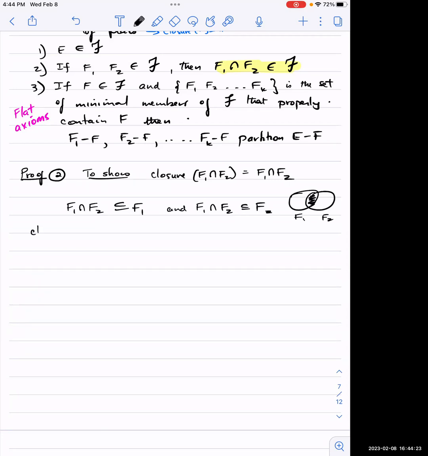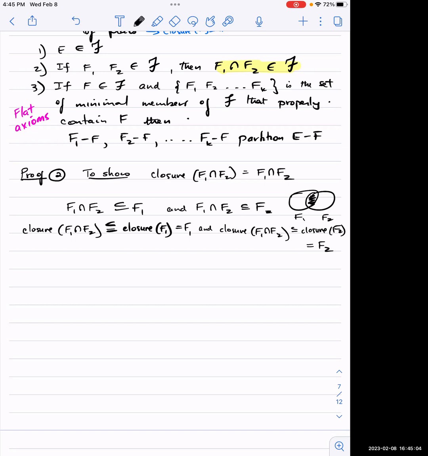So closure of F1 intersection F2 will be contained in the closure of F1. And what would be the closure of F1? It's a flat, so its closure would be F1 itself, right? And then here, closure of F1 intersection F2 would be contained in the closure of F2, and that would be just F2 itself because F2 is also closed.